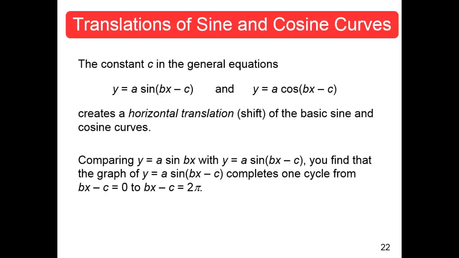Since the b is involved with it, the period's involved with it. Then you solve this for x, and now you get what x is going from, and that involves also the shift of the c. Now, it's perfectly fine to do it that way, but let me show you the way I'm used to doing it, and to me it makes more sense. Maybe to you it won't, okay?